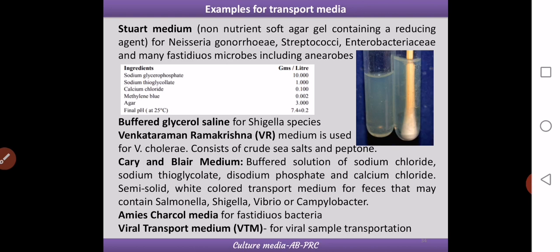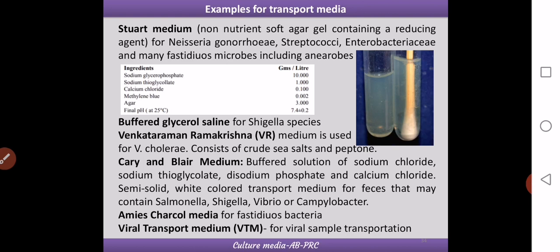This reducing agent will prevent the growth of other organisms and will provide protection. Used for transportation of Neisseria gonorrhoeae, Streptococci, Enterobacteriaceae, and certain fastidious organisms, and even anaerobic organisms, since it has a reducing agent. You can see the composition over there.